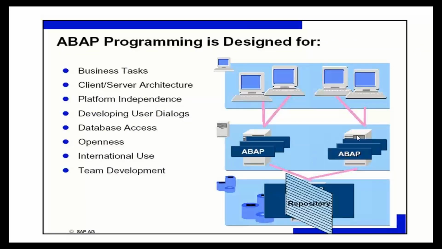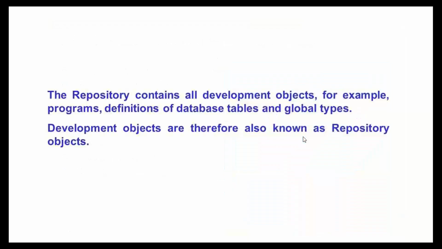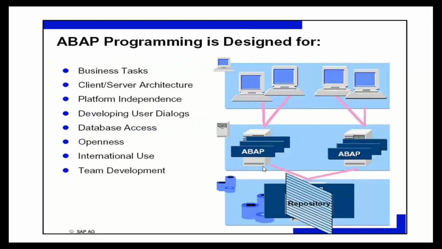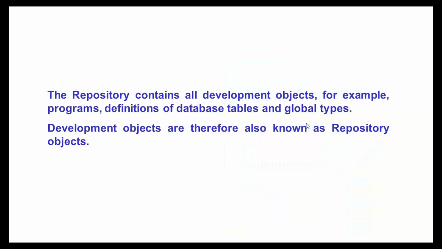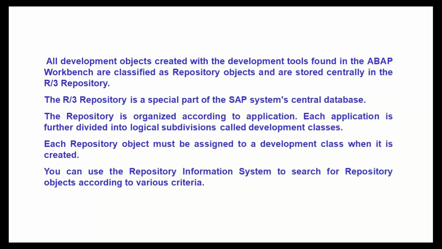So where do all the ABAP programs run? All the ABAP programs run in the application layer. Now, after the introduction of the latest HANA database, these programs are running in the database layer. That is called code to data and all. That we'll see later. So the repository contains all development objects, for example, programs, definitions of databases, and global types.